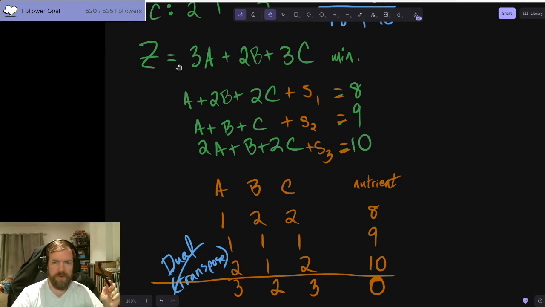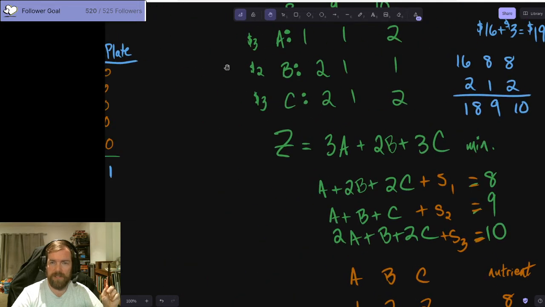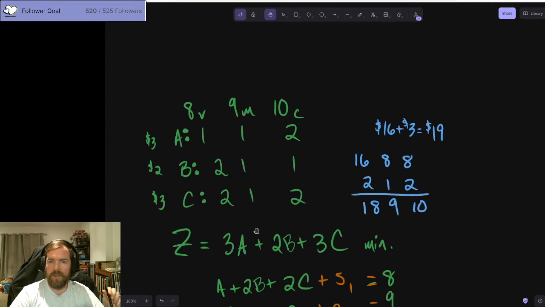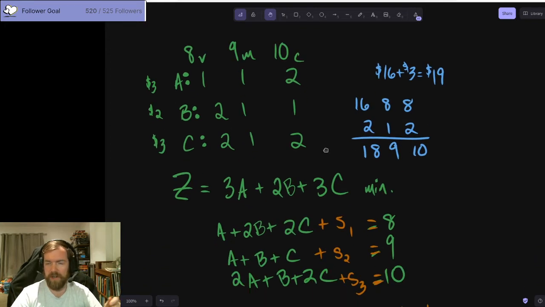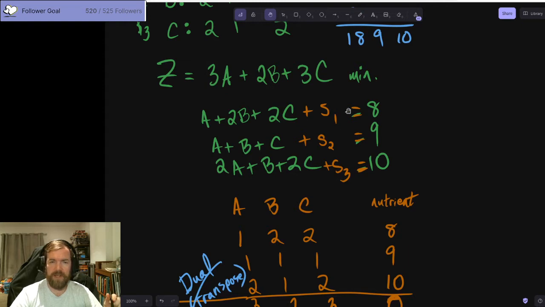So we're trying to minimize the cost, $3, $2, $3 for A, B, C respectively. And you have to have these particular nutrients in your diet, at least 8 vitamins, 9 minerals, and 10 calories, whatever nonsense units these are. And so we had to have, again, greater than or equal to 8, 9, and 10 for those.